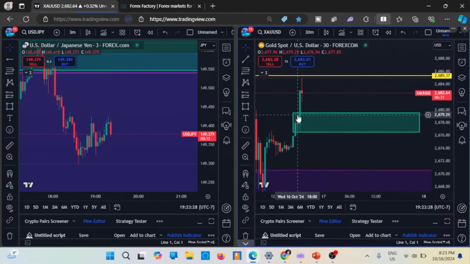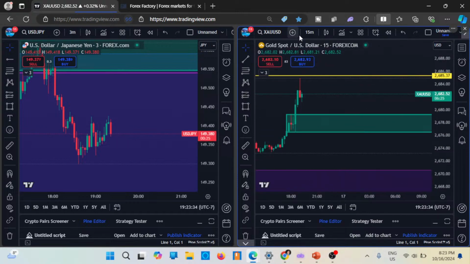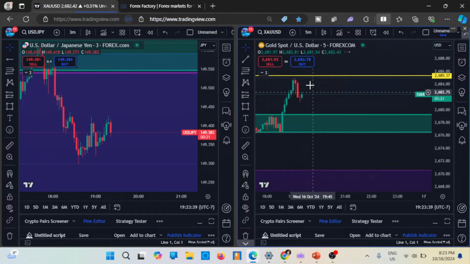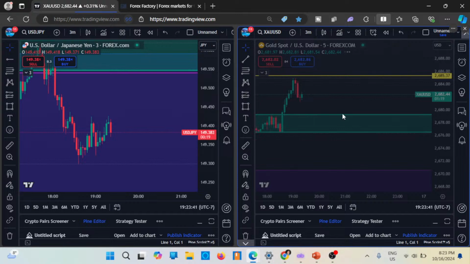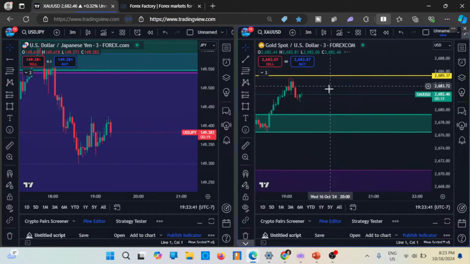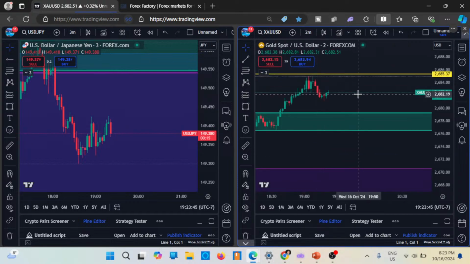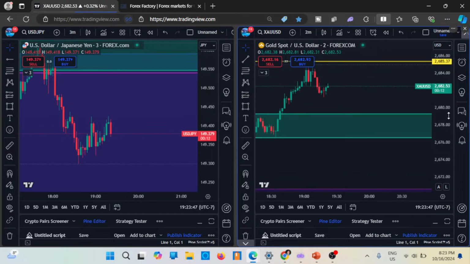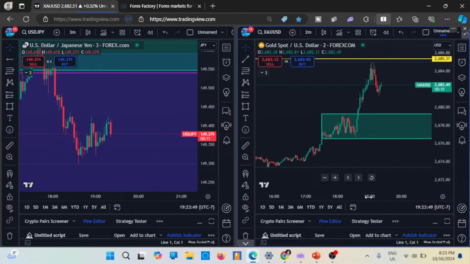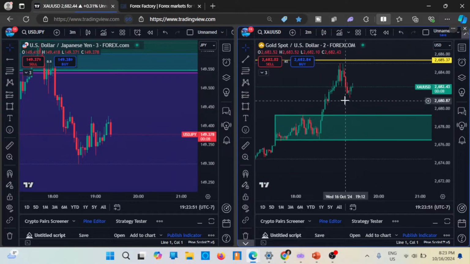This is a good area to look for potential buys. On the 15 minutes, 10 minutes, 5 minutes, there's nothing. So as of right now, this seems like the good area to look for a potential buy.